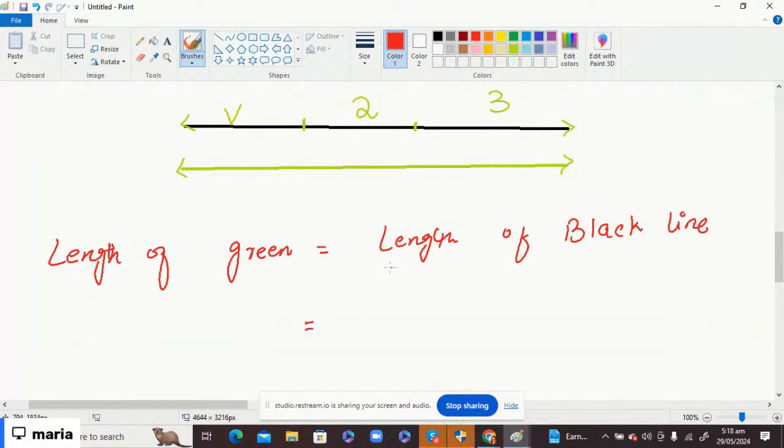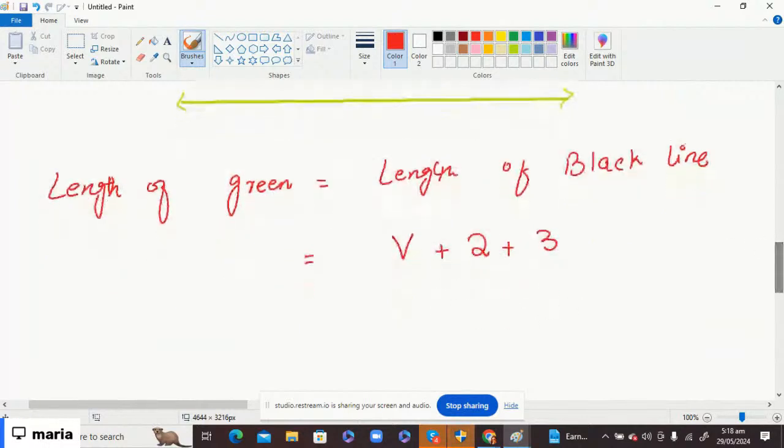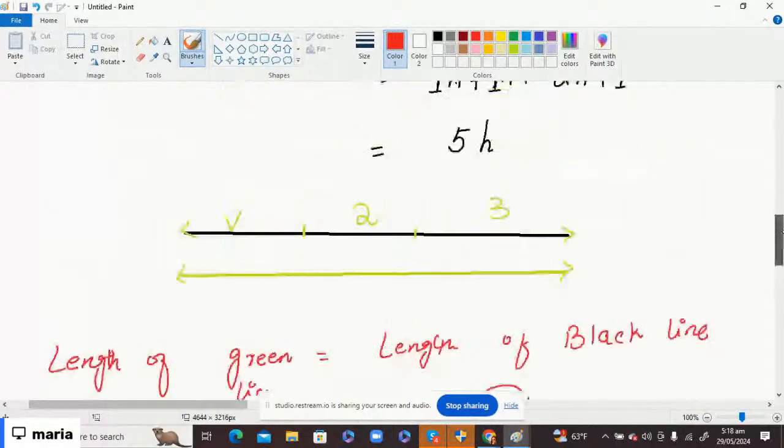So what is the length of the black line? That is V plus 2 plus 3. So what's the answer? We are not going to add V, it is still the same, just addition of 2 plus 3. Okay, so 2 plus 3 is 5. So the length of the line is V plus 5. So we're saying that this is V plus 5.